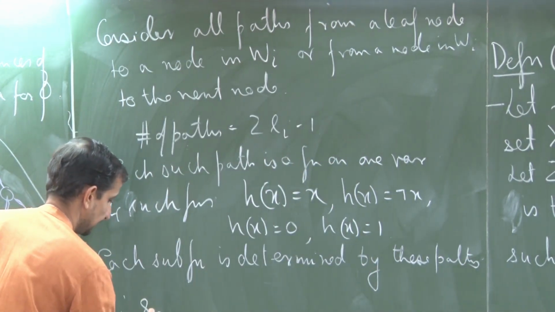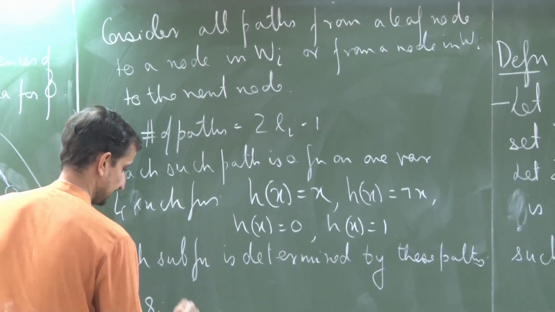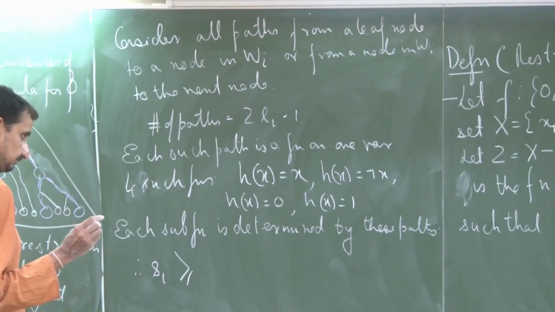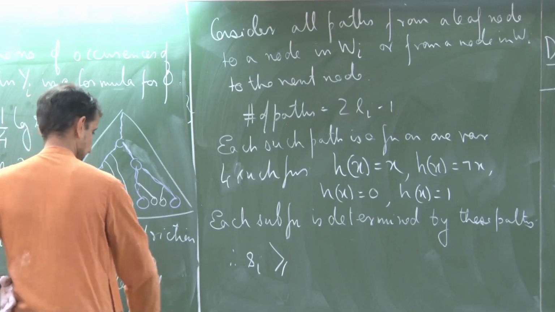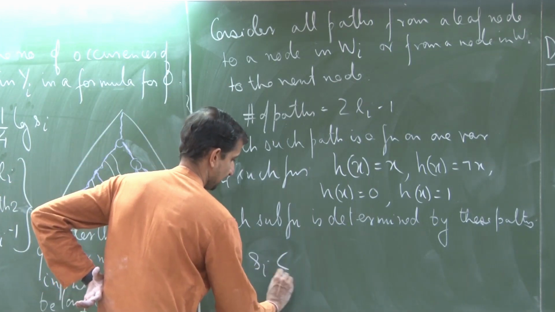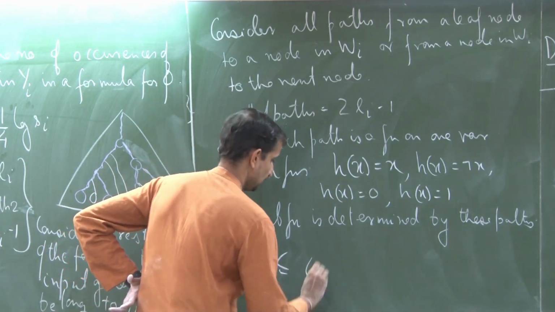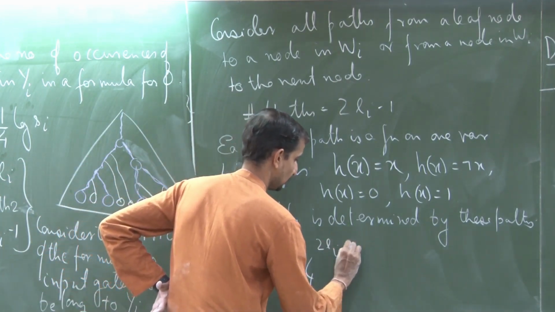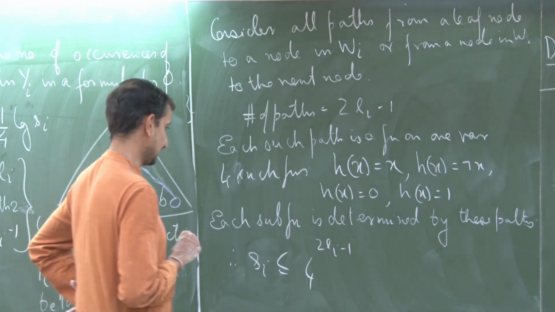Therefore, the number of sub functions is at most 4 to the power 2 Li minus 1.